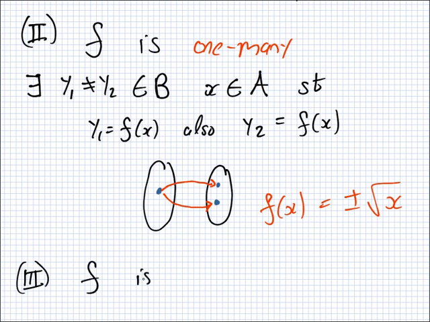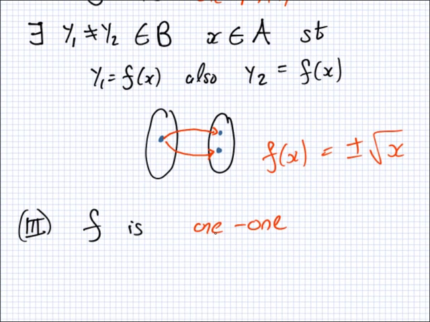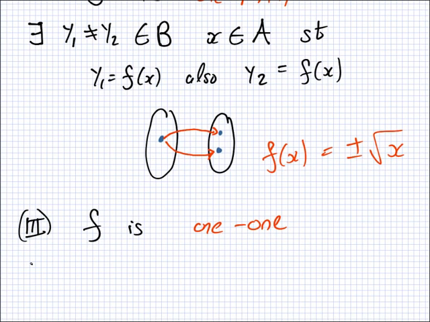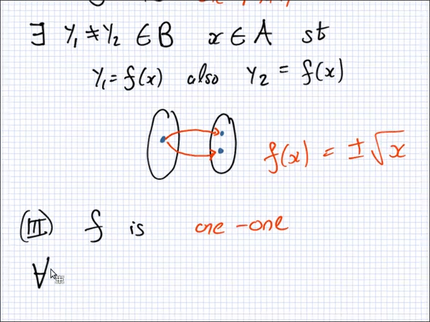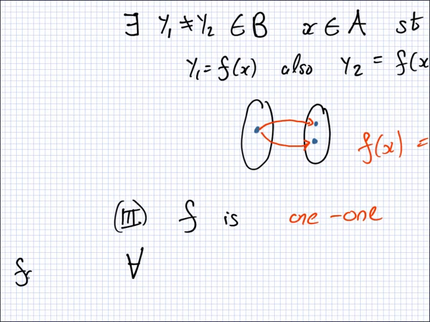Number 3, f is one-one. So that means, do you know this symbol? For every.